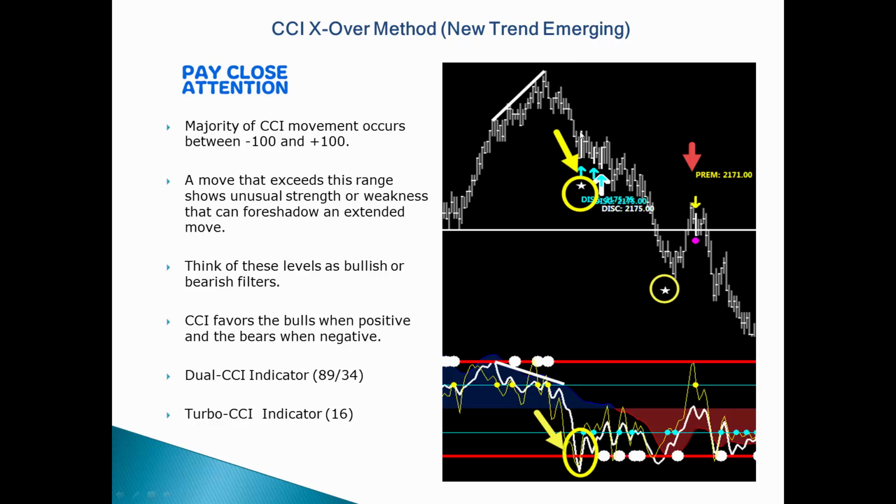So there were progressively lower highs and lower lows through this area, after the market made a new momentum low. So this CCI actually gave us an early signal of new emerging weakness in this case.